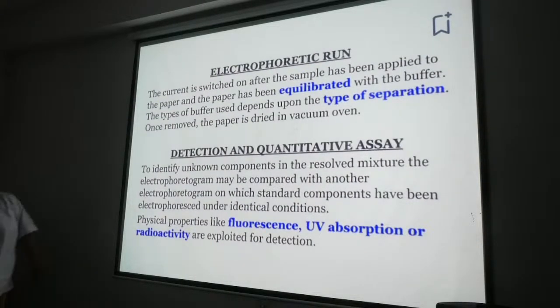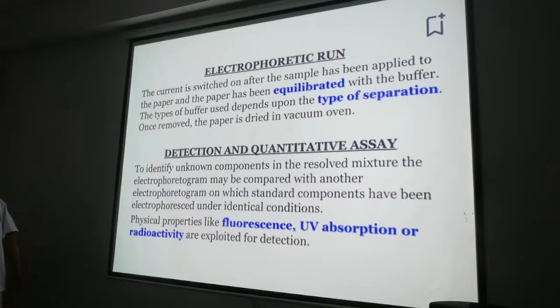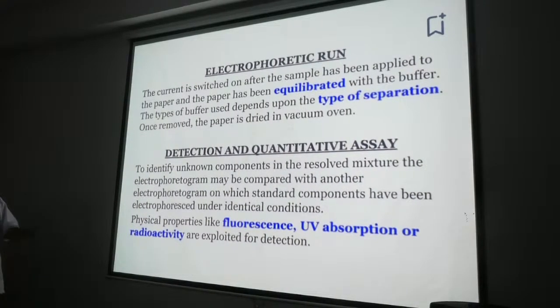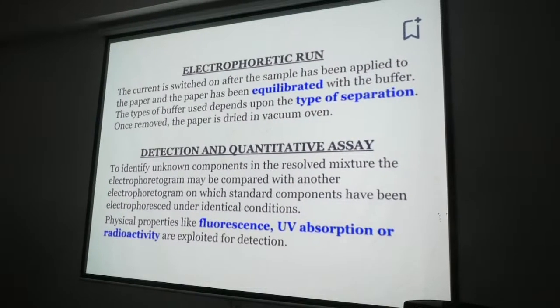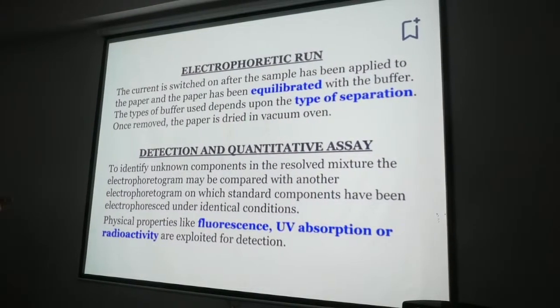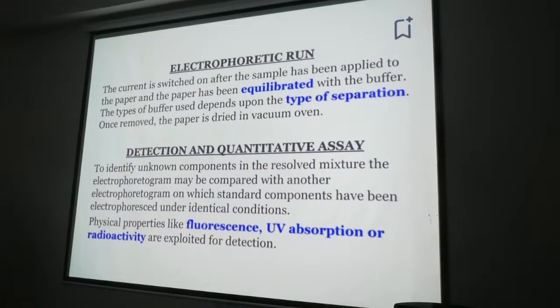Electrophoretic run: the current is switched on after the sample has been applied to the paper and the paper has been equilibrated with the buffer. The type of buffer used depends upon the type of separation. Once removed, the paper is dried in a vacuum oven. Detection and quantitative assay.